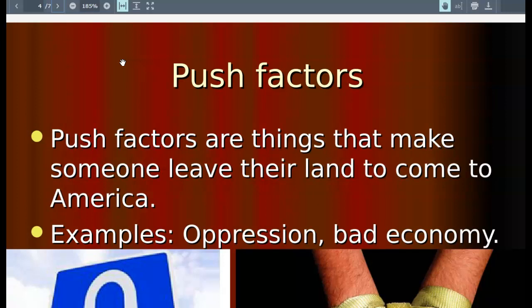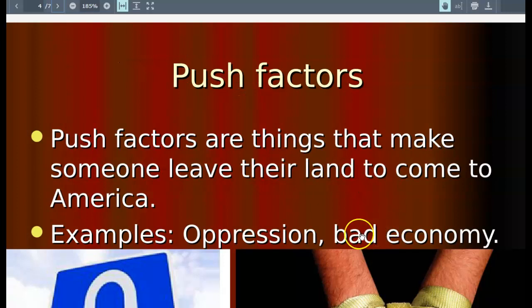Examples of push factors would be if there were certain groups of people, religious or ethnic groups, who were experiencing oppression, meaning they were getting treated poorly by other people in their country and or their government.